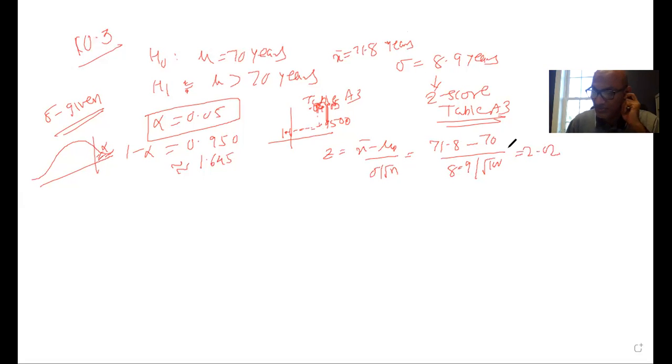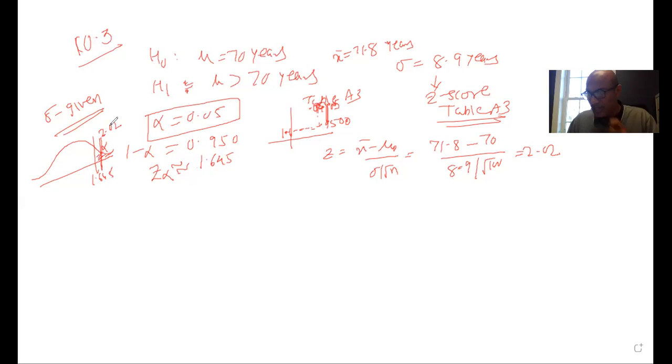So this is your z value, and the critical region we found over here is your z alpha. So z alpha is equal to 1.645, and the z value is 2.02, which is outside.